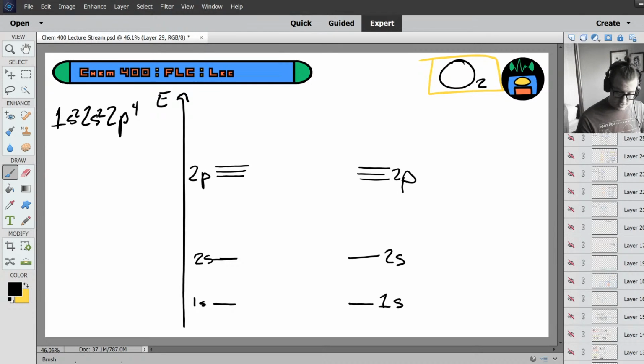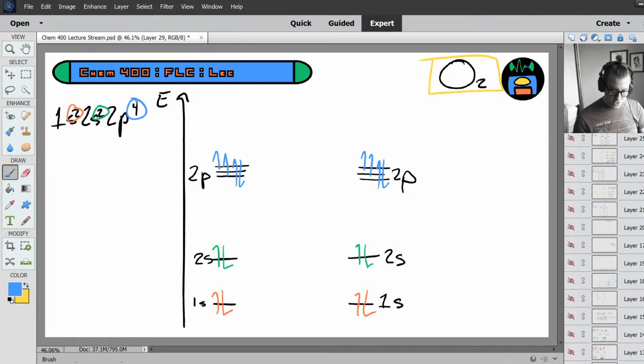Placing our electrons, we have 2 electrons in our 1s orbitals, 2 electrons in our 2s orbitals, and 4 electrons in our 2p. So that means we're going to have 2 unpaired and 1 paired in atomic oxygen.